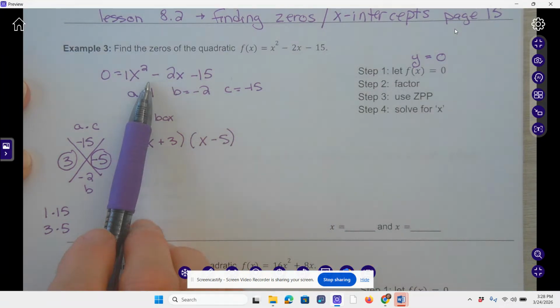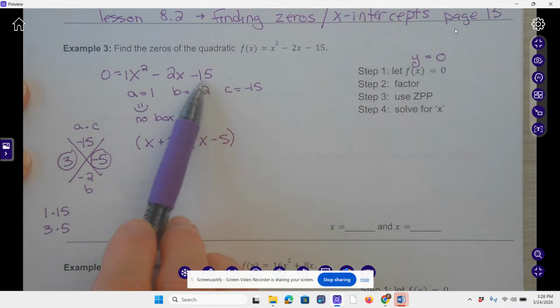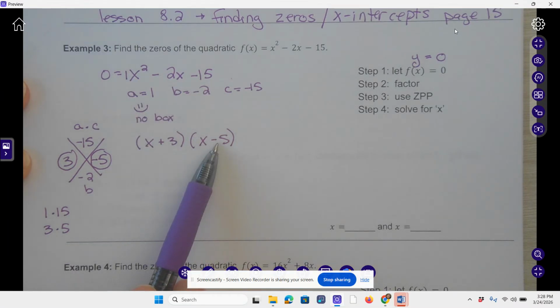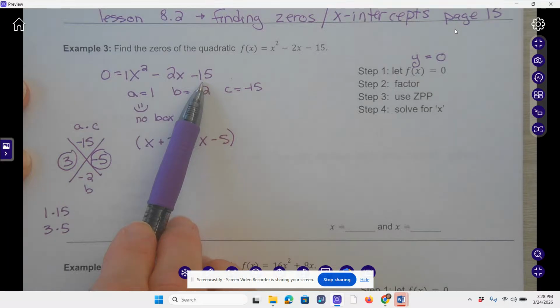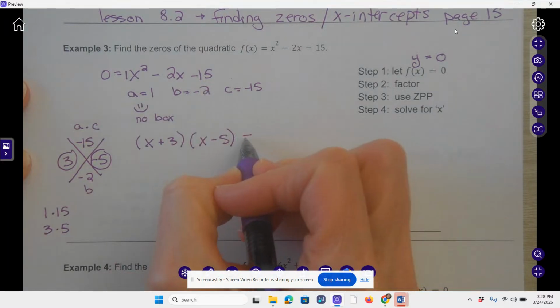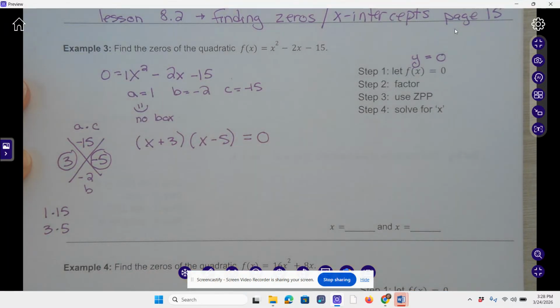So remember, this is the factored form of this trinomial. So we set this trinomial equal to 0, so we want to keep this equal to 0. Remember, our job is to find x when y is 0. Find our input when our output is 0.